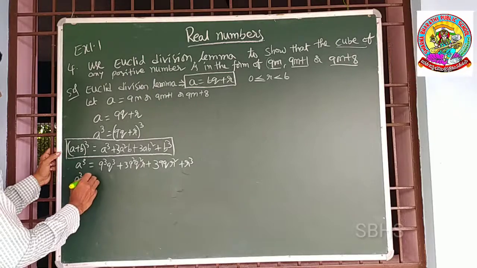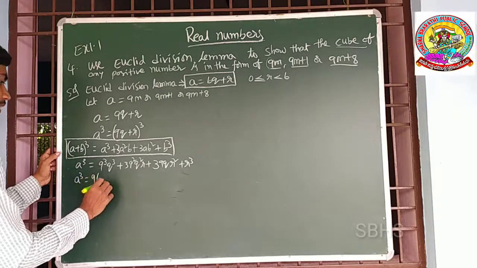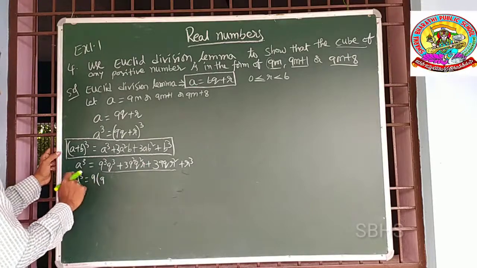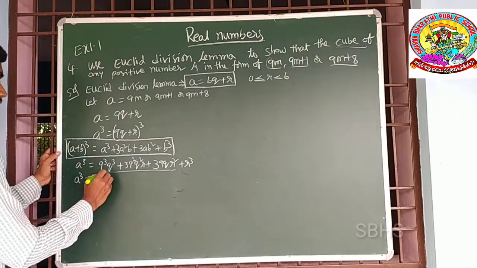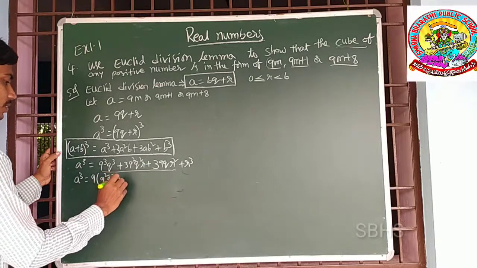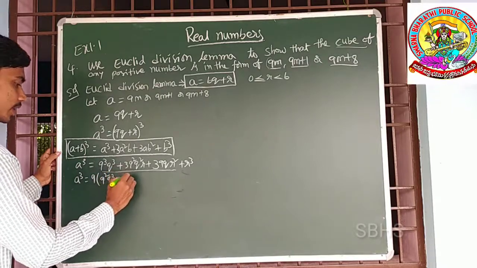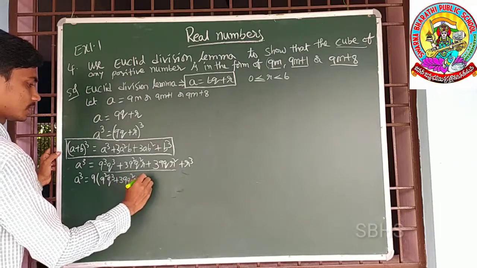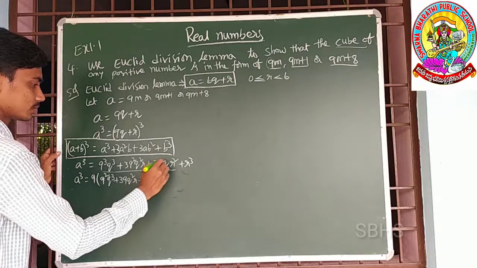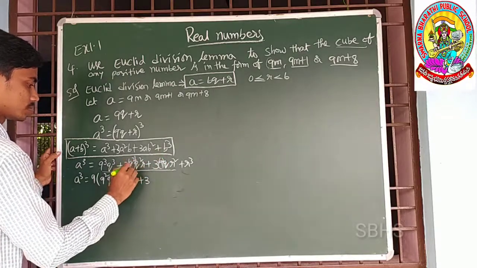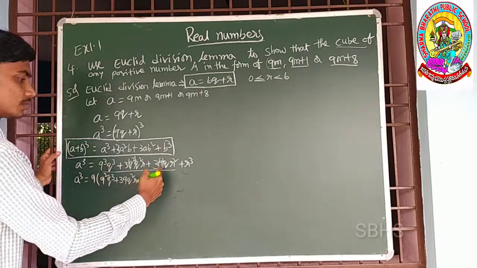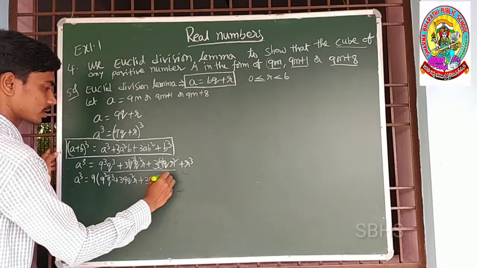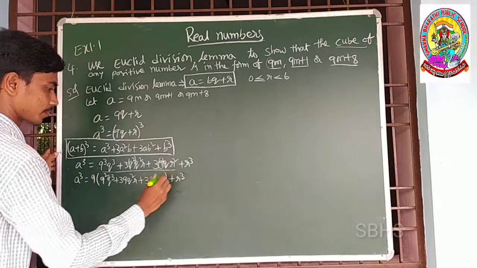Now a cube is equal to, if you take 9 common up to this term, 9 square q cube plus 3 into 9 q square r plus 3 into 9 is taken as common, 9 cube r square plus r cube.